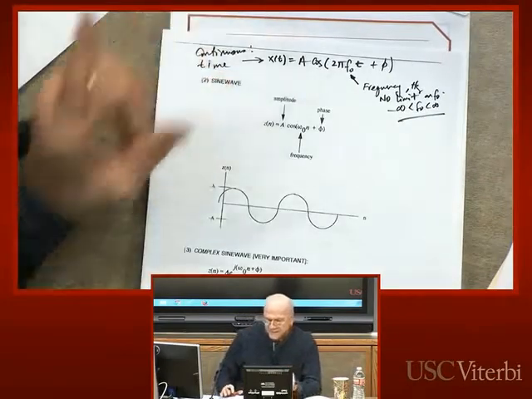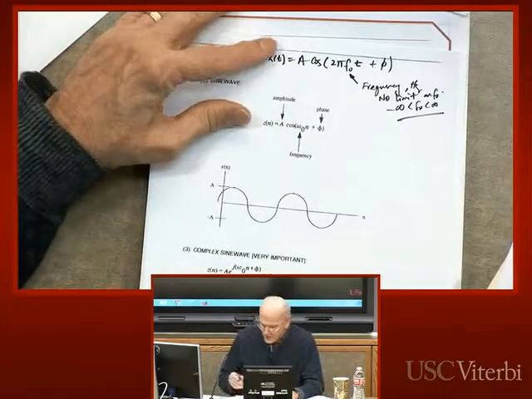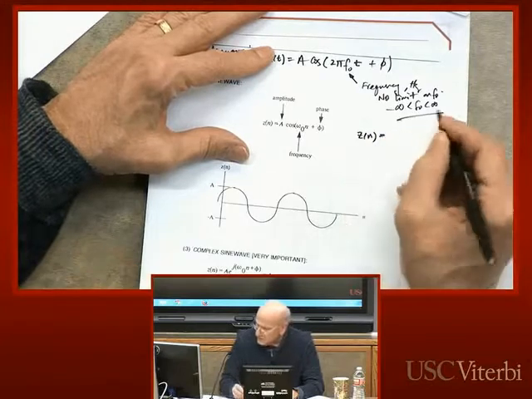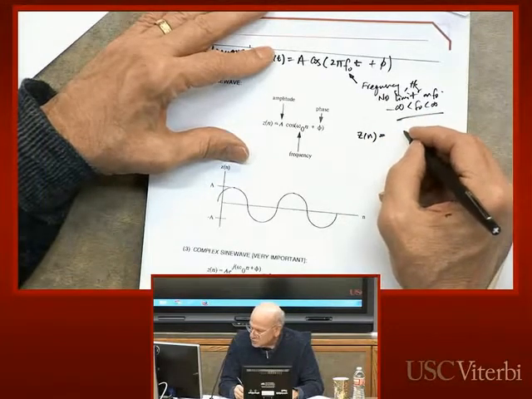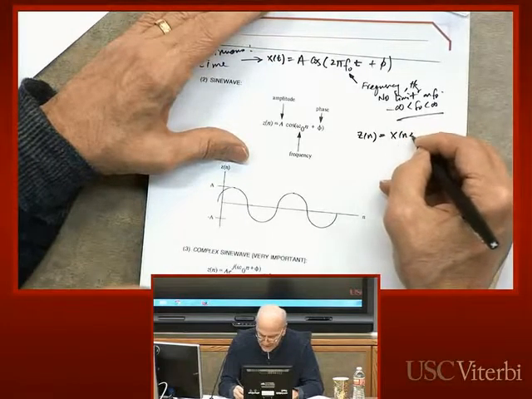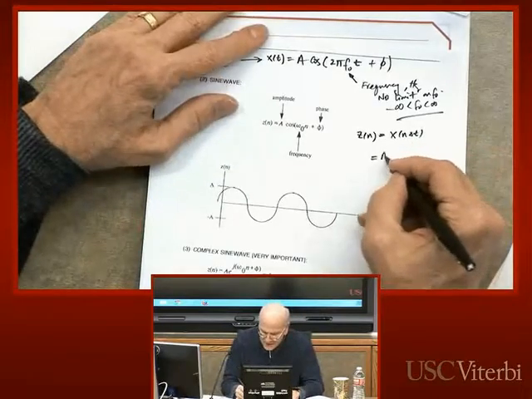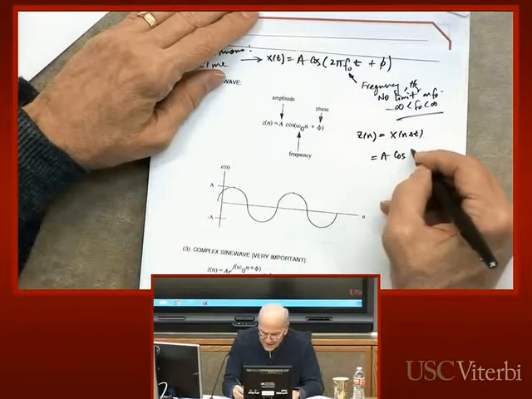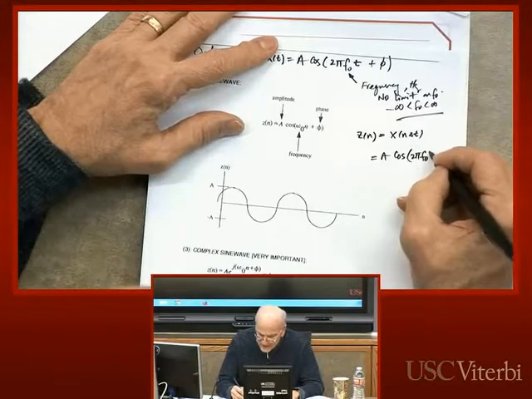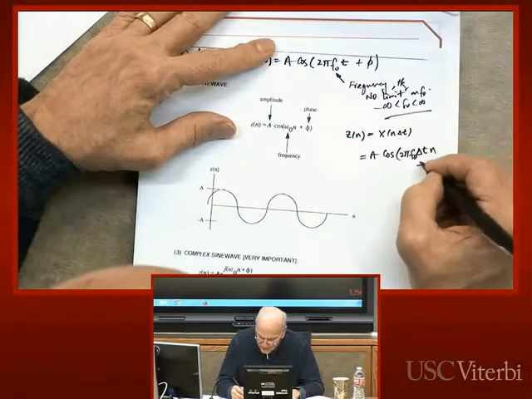That's not the case in our discrete world. In the discrete world, well, first of all, let's let z of n equal x of n delta t. Let's sample this thing. So that's going to be cosine of 2 pi f naught delta t times n plus phi.